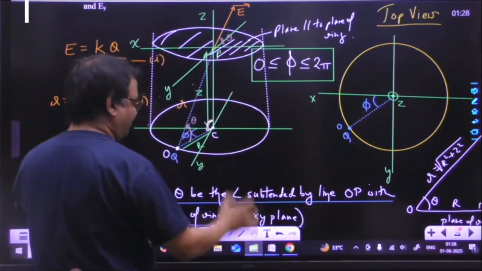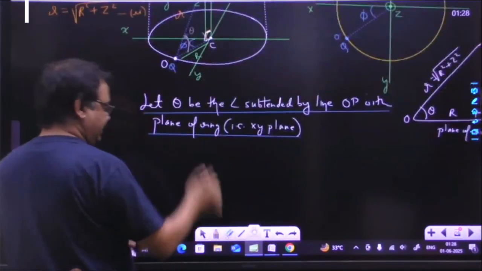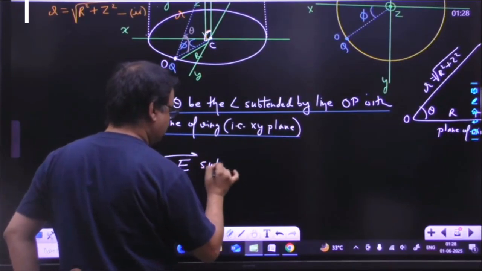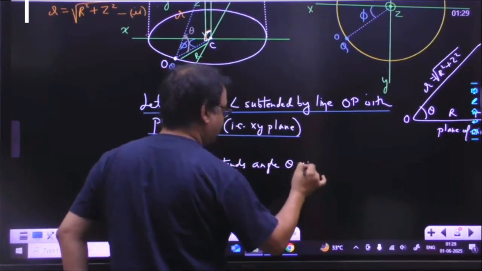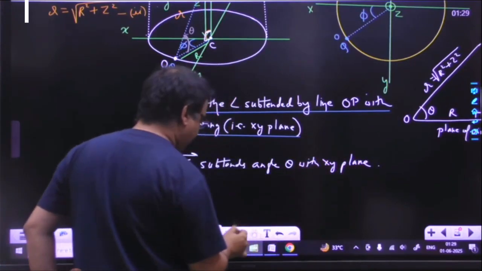Because these will be corresponding angles. So vector E subtends angle theta with the XY plane. Got it?